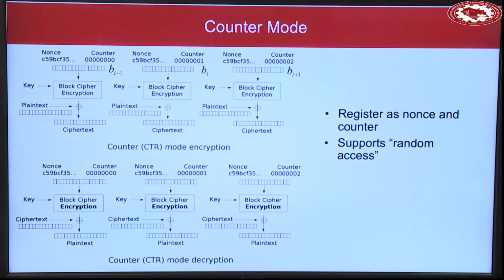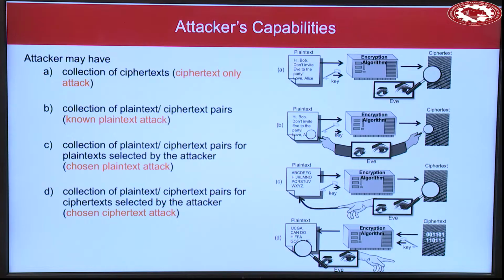For the same type of input, you have a different outcome. This mode allows you to run in parallel, so you can speed up the process. If you have to encrypt 10,000 blocks, it's quite easy, quite fast. So we pick these modes of operation. We don't pick the first one anyway, but we can pick any of these depending on the applications that we are working on.